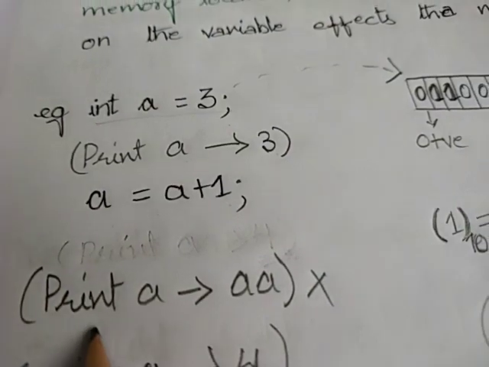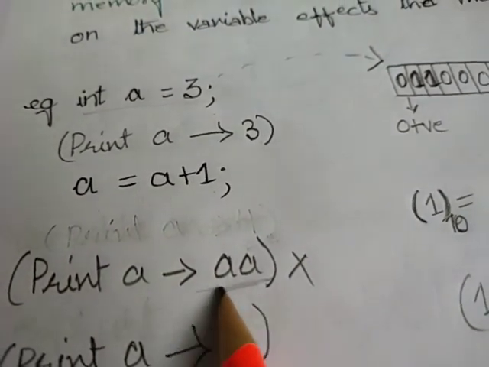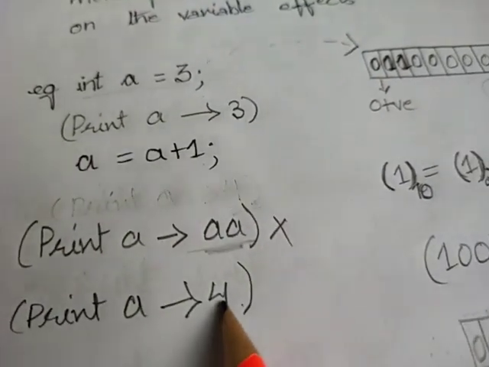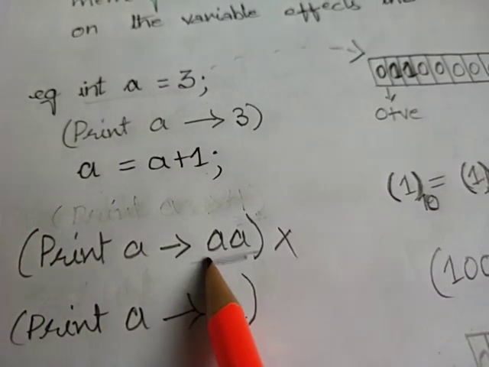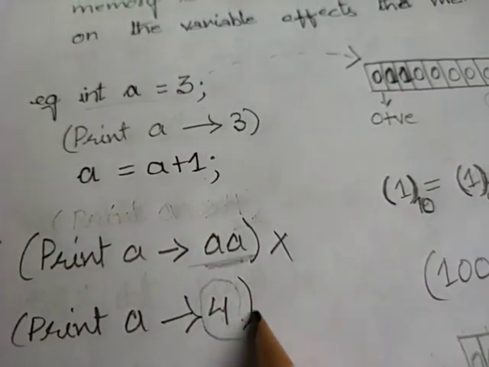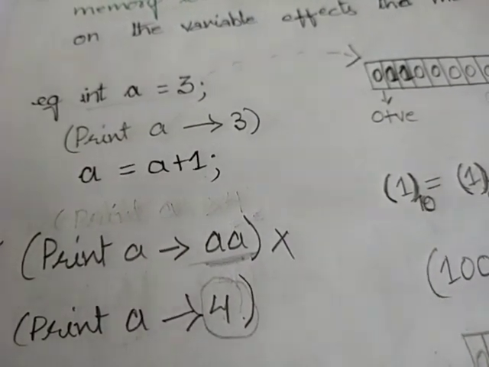When you print out this A, it will not print A or change the name of the variable, but it will print 4. Why? Because the name of the variable will not change, but the value inside the variable will change.